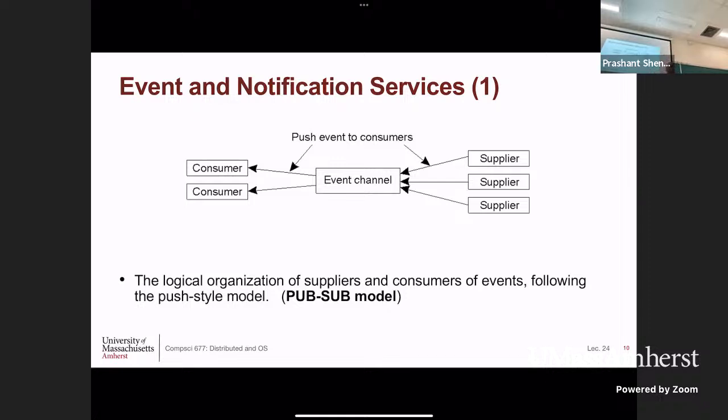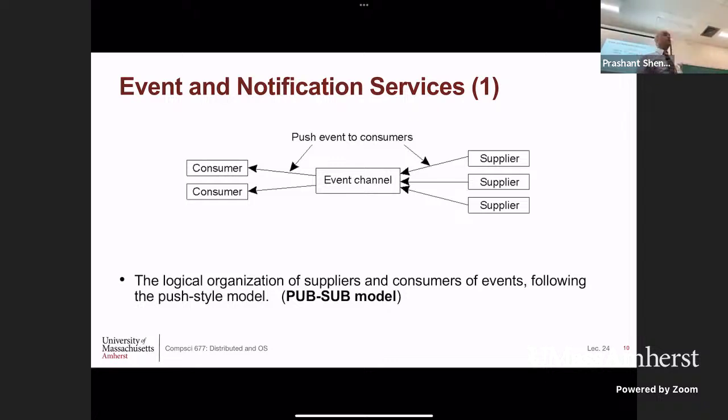That's not how PubSub works. You just publish some data, and when you publish data as a publisher, you don't address it to any specific component in particular. You just publish the data. It goes into, in this case, a middle entity called an event channel. The event channel then figures out which components, which consumers, to deliver that data to, if any.